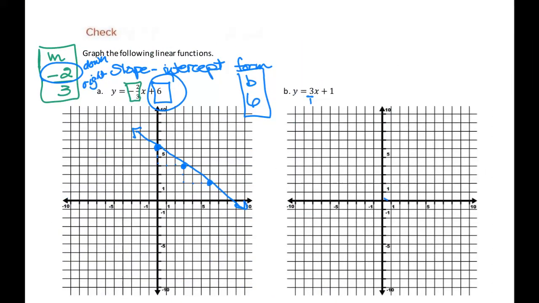All right, so first of all, y-intercept is at 1. You start at 1, make a nice point, and then we need to go up 3 and 1 to the right. So 1, 2, 3, 1. There's my new point. Up 3, 1, 2, 3, and 1 to the right.